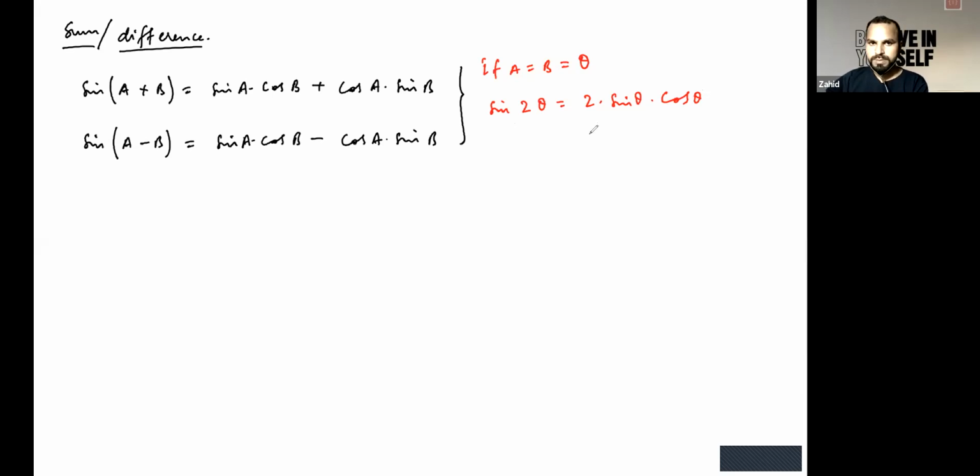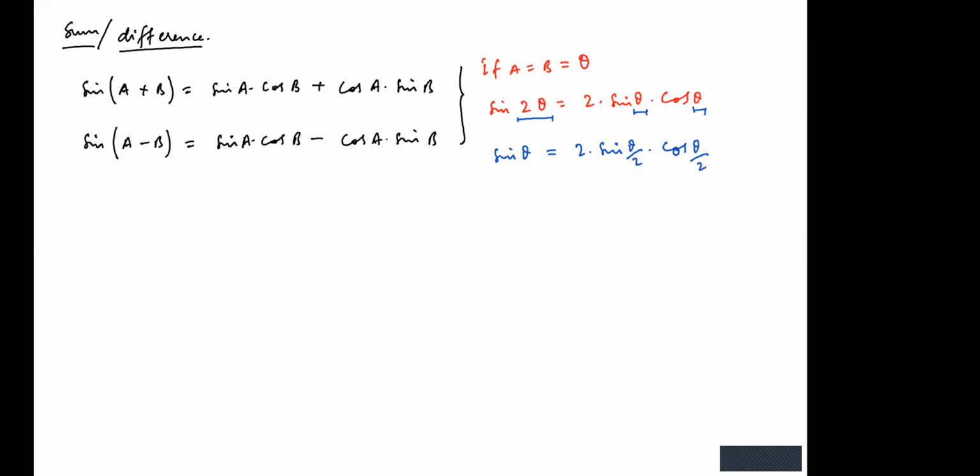Now just see, here we have 2 theta, which is theta and theta. It means this angle would be half of this particular part. So if you write just theta here, it will be sine of theta by 2 times cos of theta by 2. Is it clear? Yes, sir.